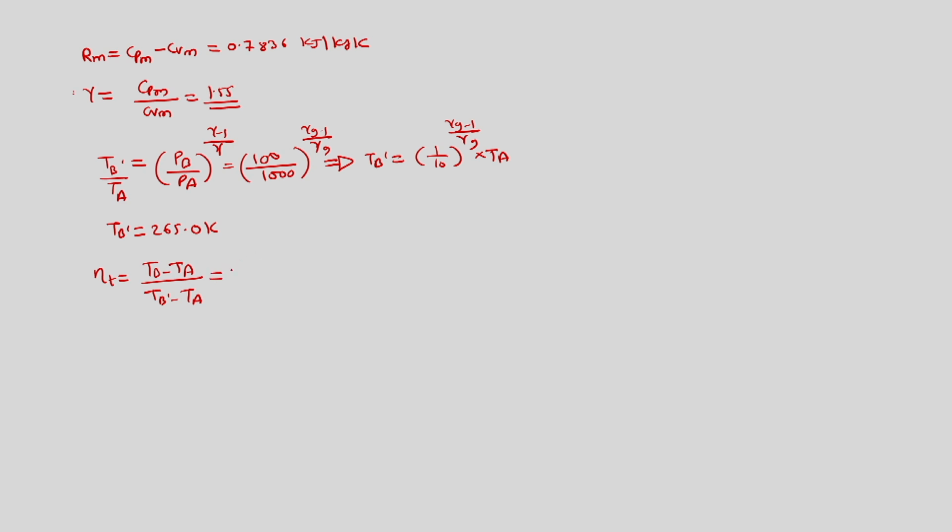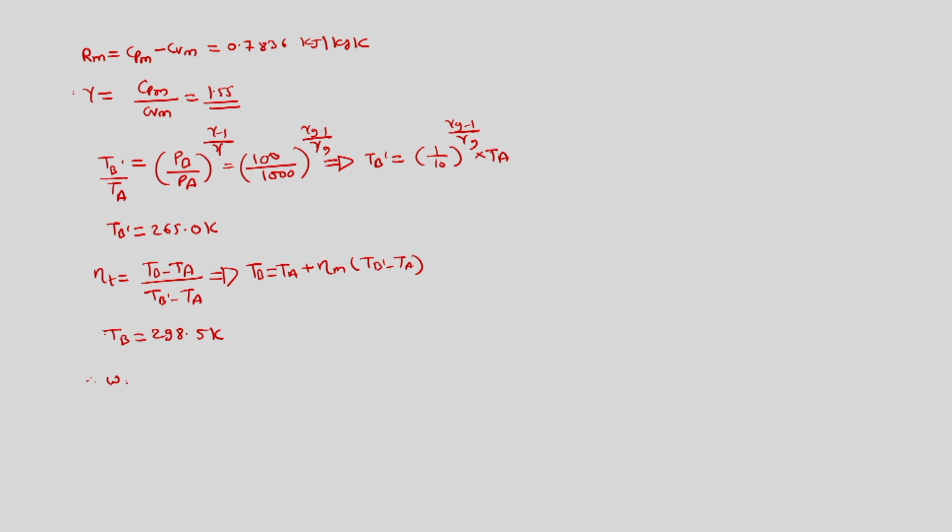Turbine efficiency is given to us, so we can write down Tb is equal to Ta plus efficiency into Tb dash minus Ta. So we have Tb, the real temperature at the exit of the turbine, as 298.5 Kelvin.